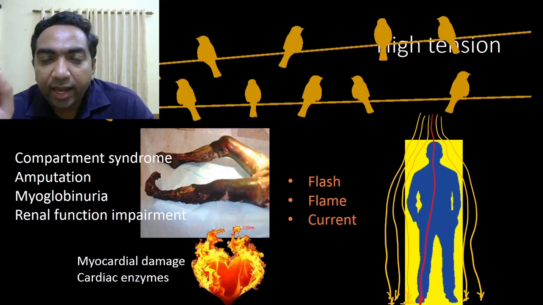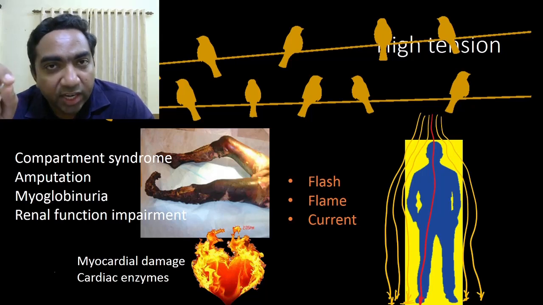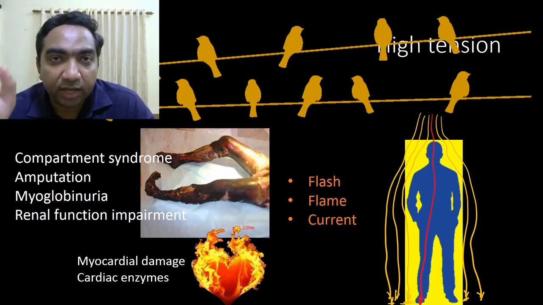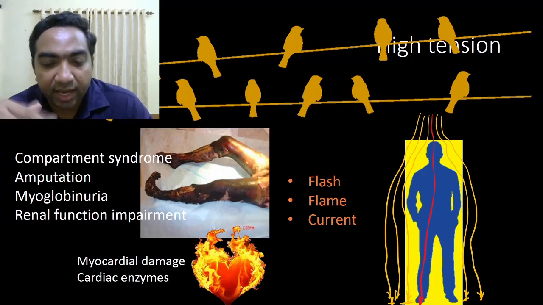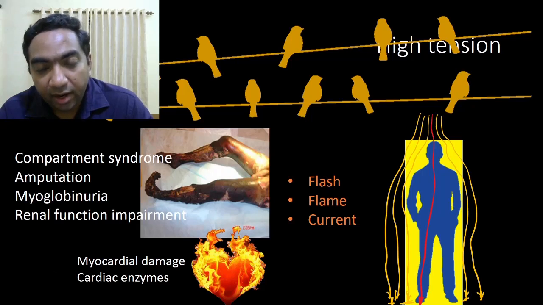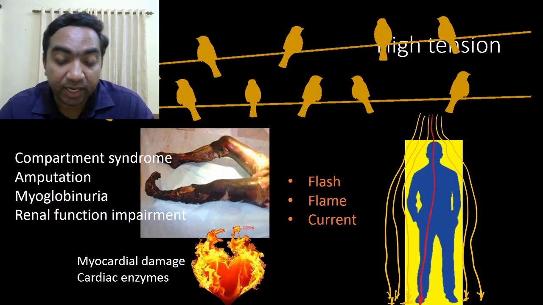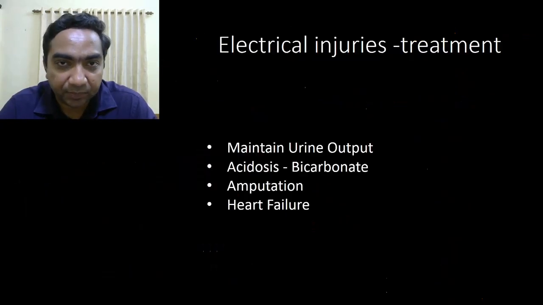Because the cardiac problem is there whether it is a low tension injury or a high tension injury, the internal medicine team should have a look at the patient and check for cardiac arrhythmias, and only after treating the cardiac problem does the surgeon have to get involved. The primary care should be by the medical people, especially in case of electrical injuries.